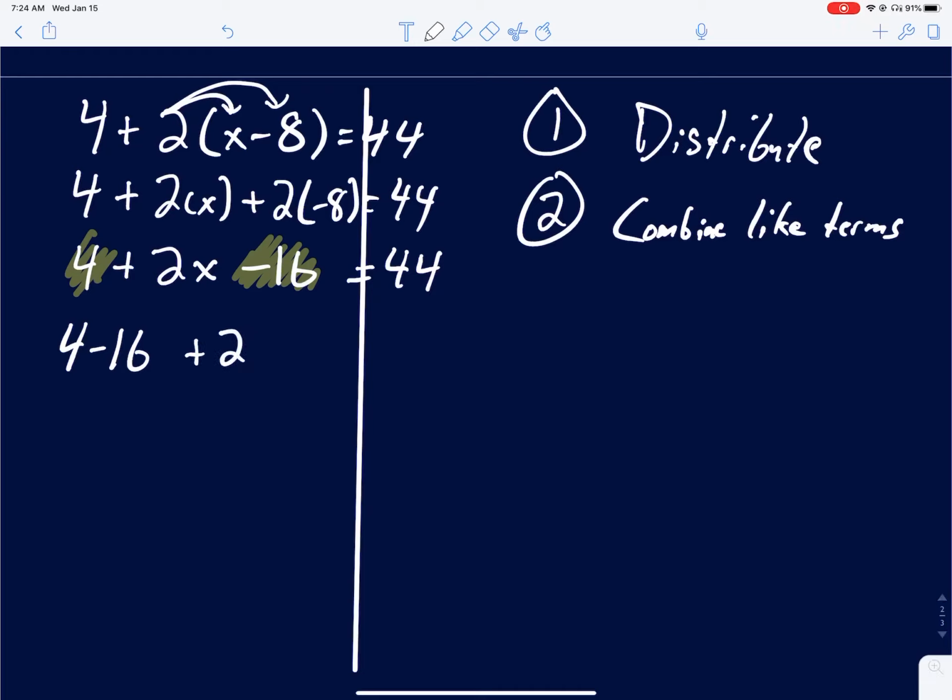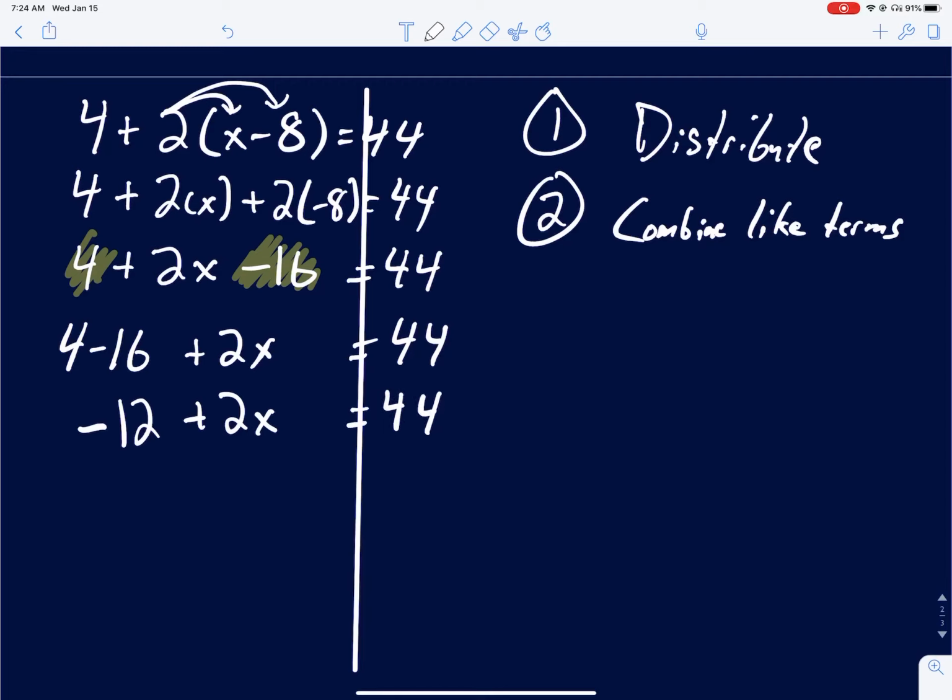Okay. 4 minus 16 is just -12. Remember, if we have opposite signs, in this case a positive and a negative, we're going to subtract them and keep the sign of the higher absolute value. In this case, the negative number is bigger, so -12 plus 2x equals 44.